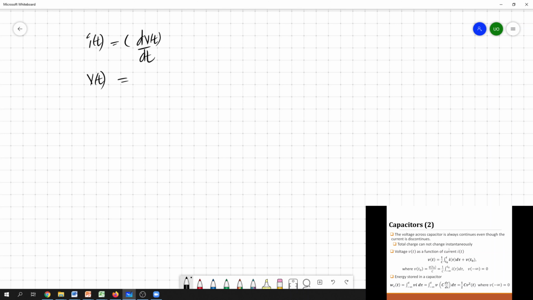We cross multiply the current and the derivative, and take the integral, so it becomes 1 over C integral of i dt. If you want to make it a finite integral, we can add limits.